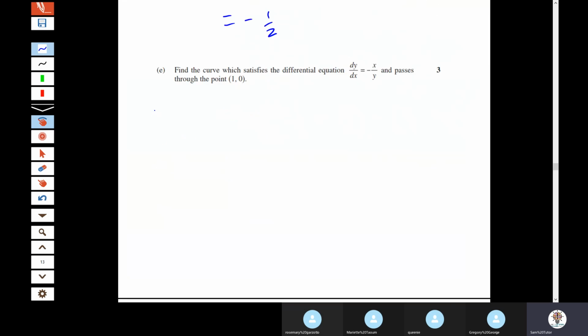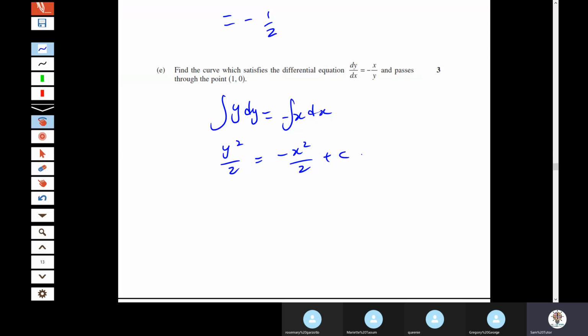E, find the curve which satisfies the differential equation and passes through the point. Let's do it again. All right, here we go. Bring the dx over, bring the y over. We have y dy equals negative x dx. Integrate. I get y squared on 2 equals negative x squared on 2 plus c.